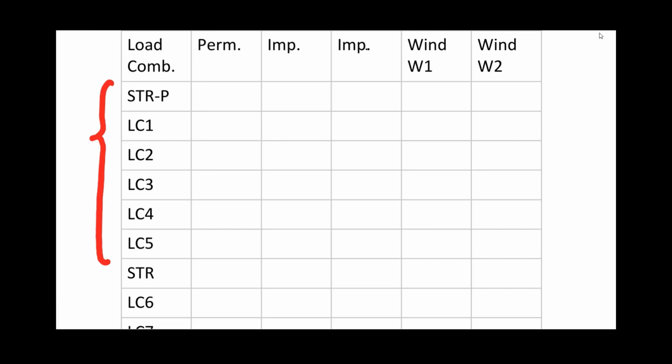And then once again, remember STR, the partial factor is 1.35 for the permanent, so it's kind of a dead load, or permanent load is a leading variable. And then we apply all the other loads with it, but with factors of 1.